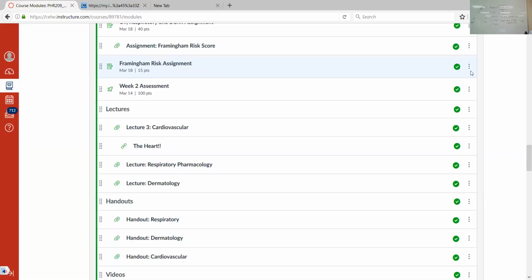Now remember, this is an assessment. It's widely used in terms of helping people.